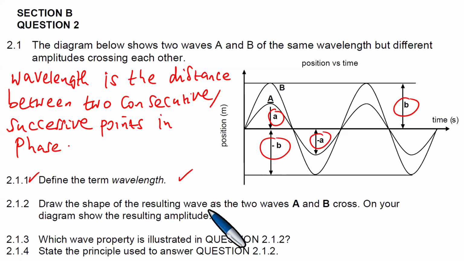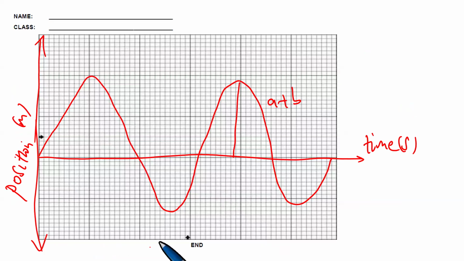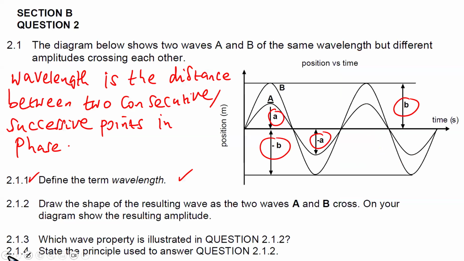So you're going to add A and B, so they amplify each other and have a greater amplitude. You'll have to add the amplitude of A and the amplitude of B. Take note of that.